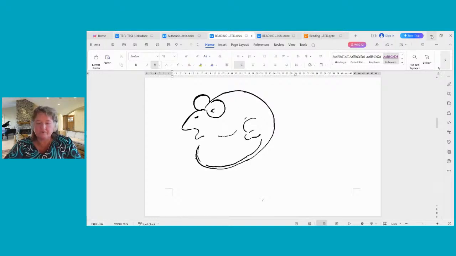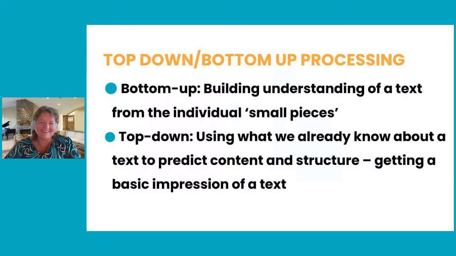But if I told you that I'm going to show you an animal and you saw a rat, that would be top down processing, because then you already have that expectation that it's going to be an animal. Yeah, a sleeping rat. Yeah, that's it. Okay, let's continue.